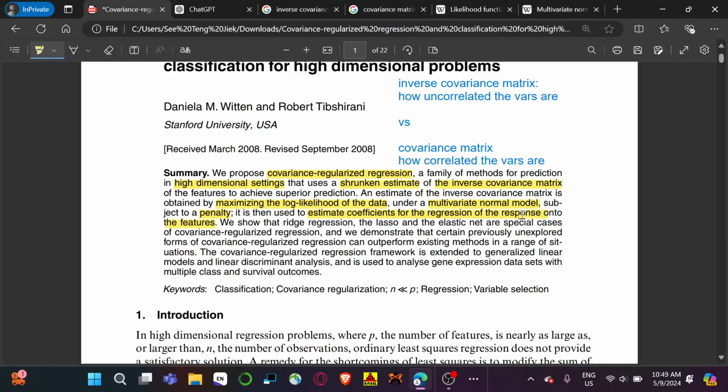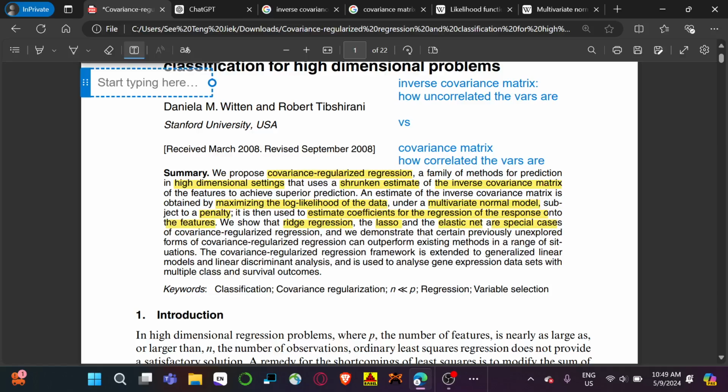The response is Y and the features is X. Okay, and more importantly, they show that ridge regression, lasso, and elastic net are all special cases of their approach. Okay, this means that covariance regularized regression is a generalization, right?